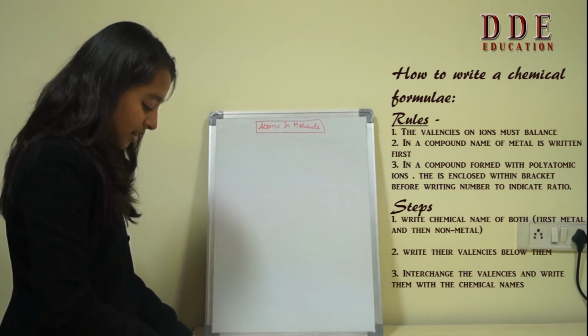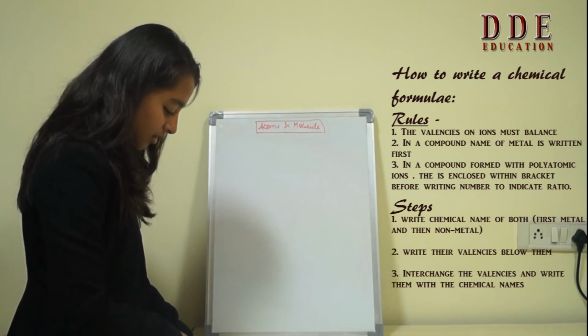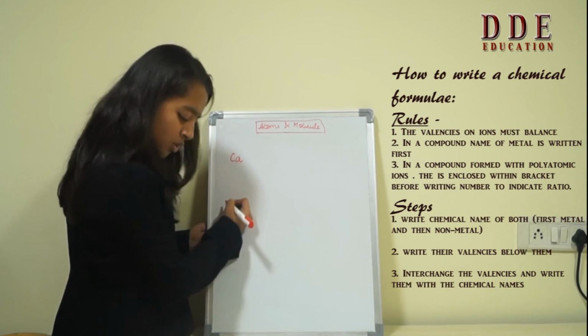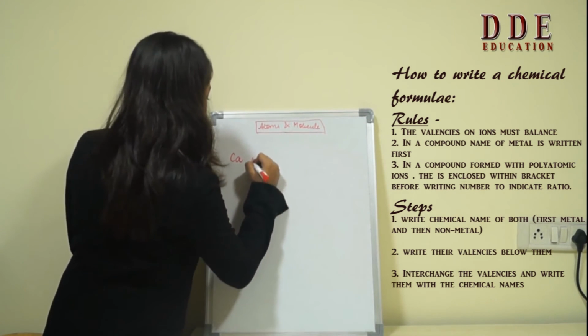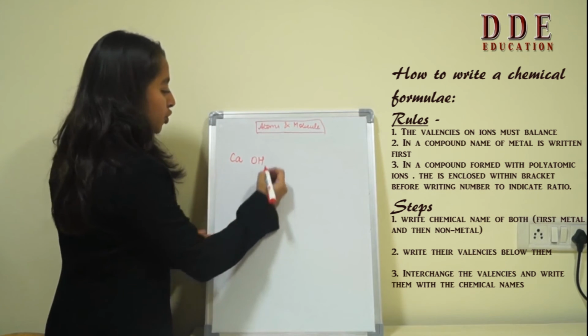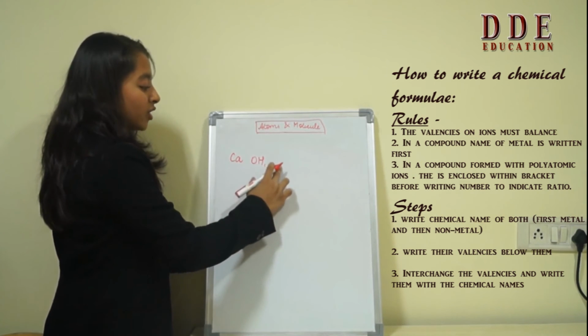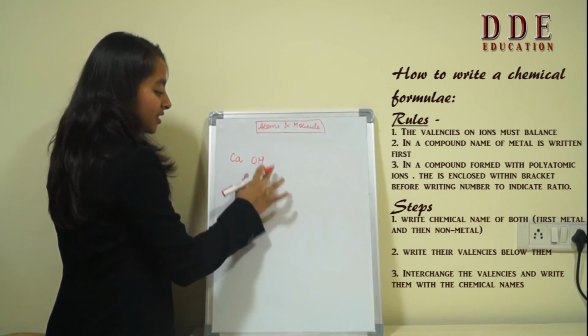Okay, let me give you an example of a polyatomic ion as well. Let us take an example of Ca(OH)2. Its polyatomic ion is 1, so we will not write it, just let it be like this.